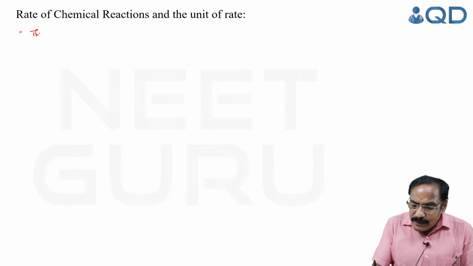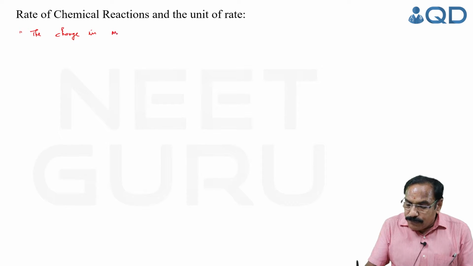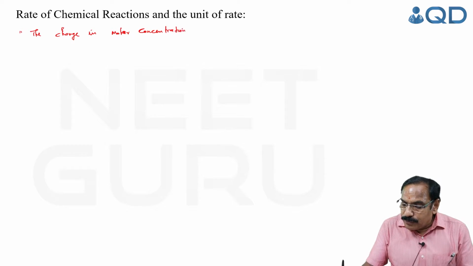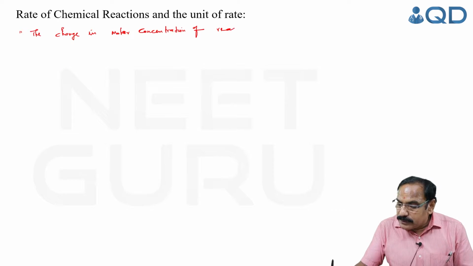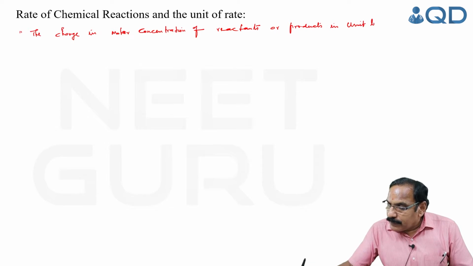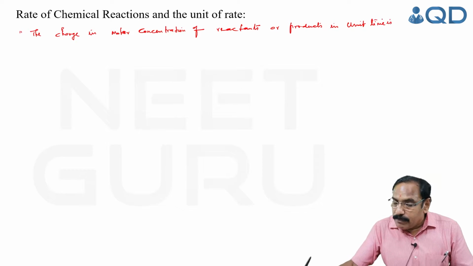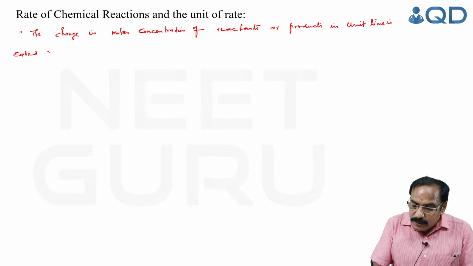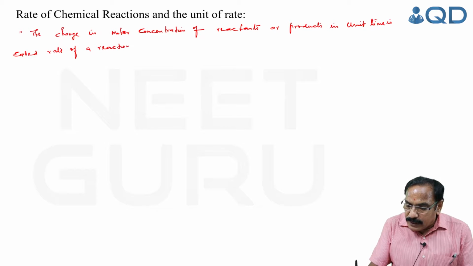Remember, rate is expressed per mole per second or per minute, per unit time. So, the change in molar concentration of reactants or products in unit time is called rate of a reaction.